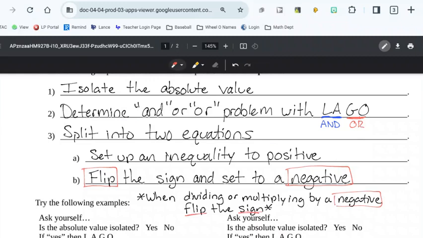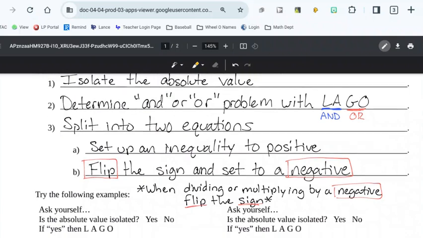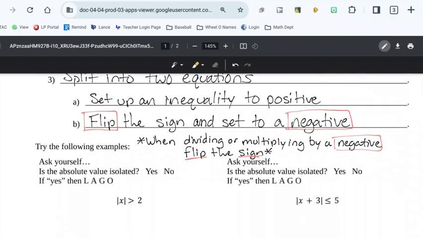So it's very important when we're solving these absolute value inequalities that we take our time, and every time we are dividing or multiplying by a negative, that's another instance where we're going to have to flip the sign. So take your time and check for these small details. Okay.